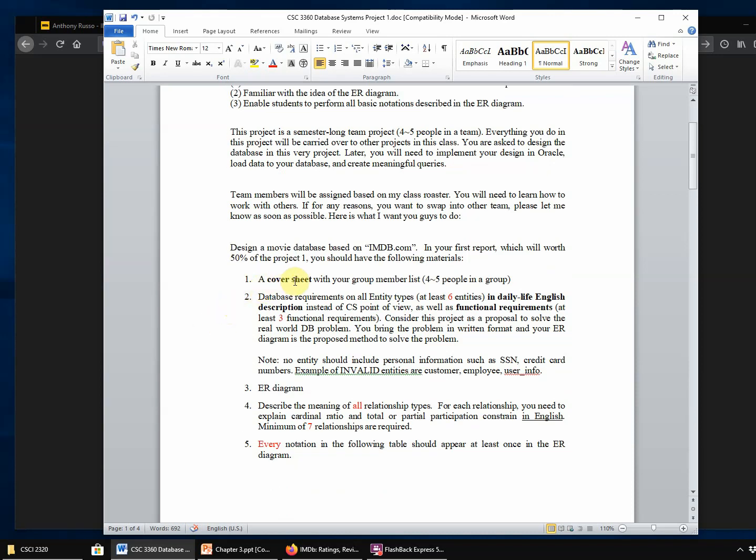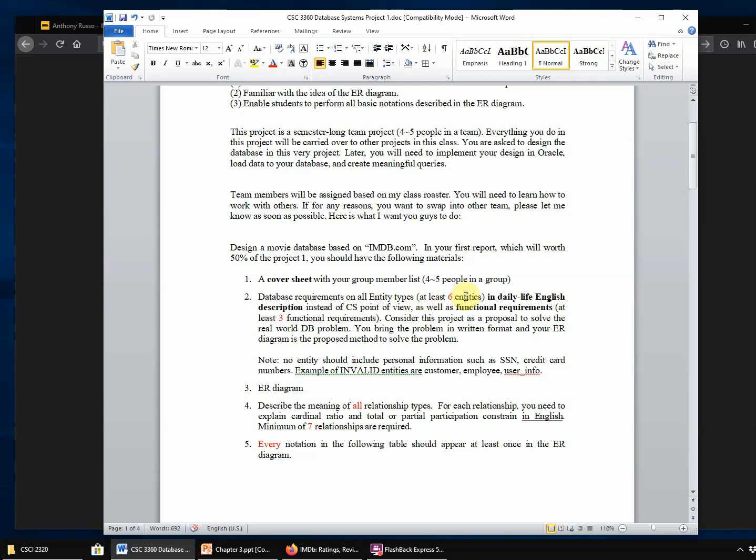First of all, a cover sheet. I need you to prepare a cover sheet, including your team members, and of course the topic is going to be related to imdb.com. Then I need you to provide database requirements on all entity types. First of all, you need to have at least 6 entities.